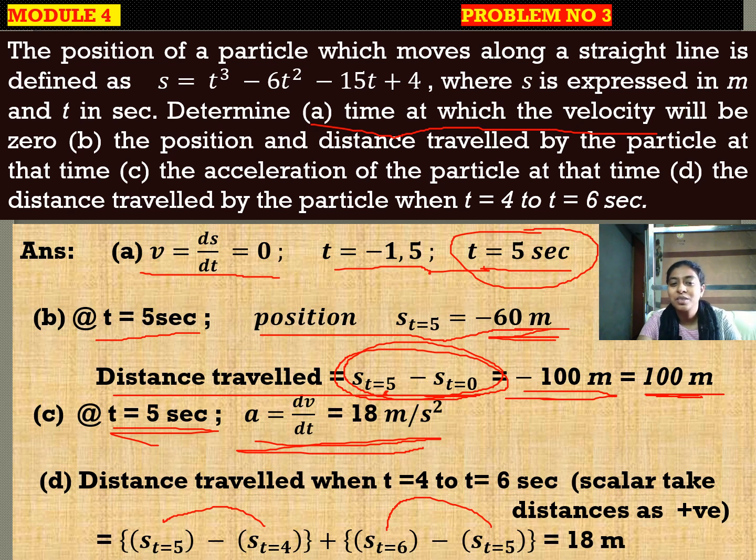So substitute: the distance travelled in the 5th second minus distance travelled in the 4th second, plus distance travelled in the 6th second minus distance travelled in the 5th second. You will get the answer.